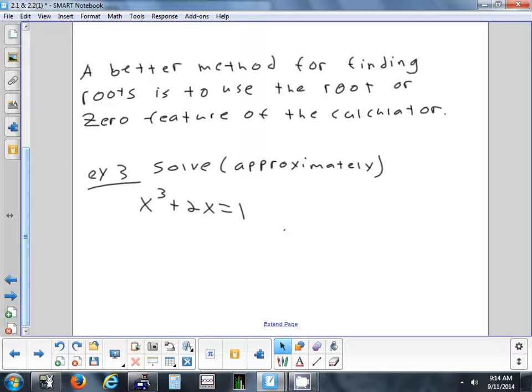So it's x cubed plus 2x equals 1. Let me show you how we can do this one as an intercept. If I was going to do it as a root, I'd subtract 1 from each side and graph x cubed plus 2x minus 1 equals 0. But I'm going to do this as an intersect. If somebody else wants to try it as a root to see if they get the same answer, you could try that.